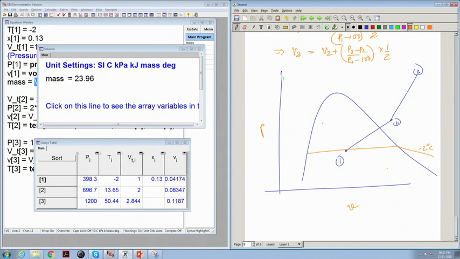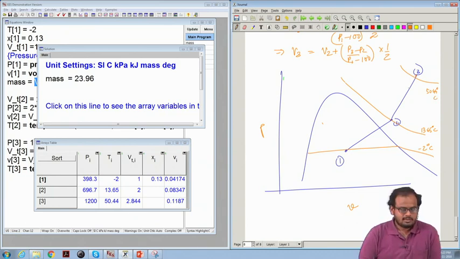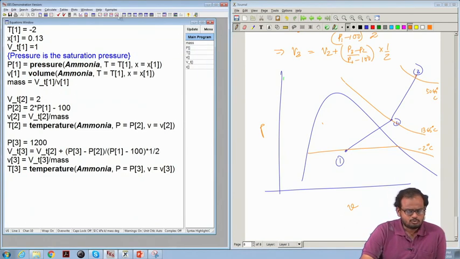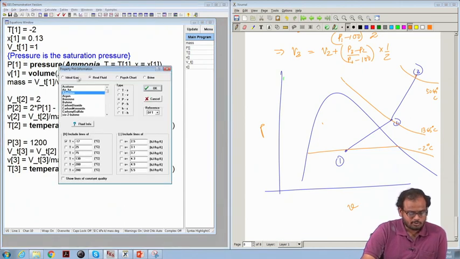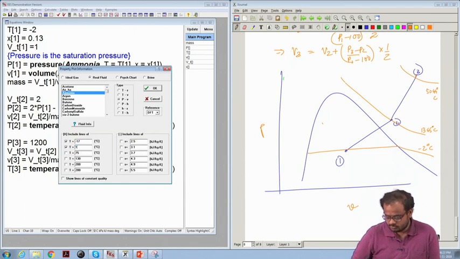Point 2 was maybe like this, which is 13.65 degrees Celsius, and point 3 is 50.44 degrees Celsius. So these are the 3 points, and let's do the plot. Let's do the actual plot. Let's do property plot, ammonia on the PV, and let's have 2 more isotherms, 13.65 and 50.44.